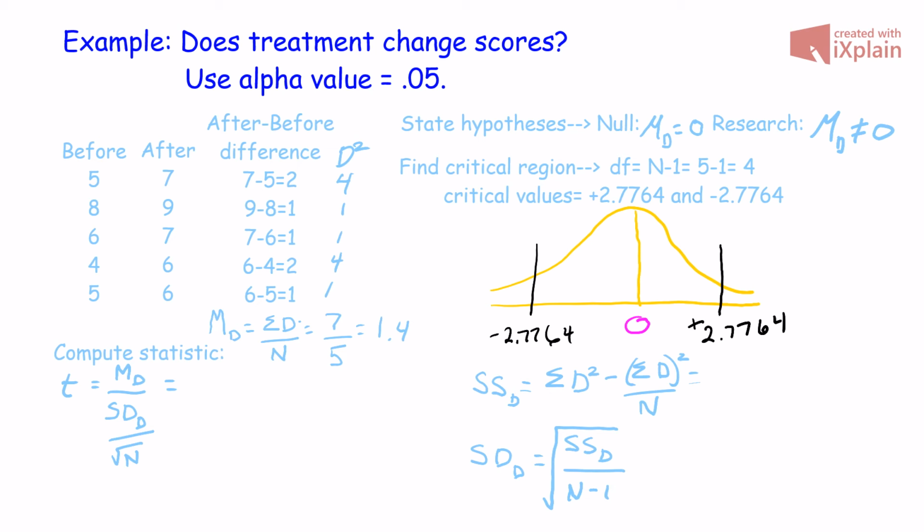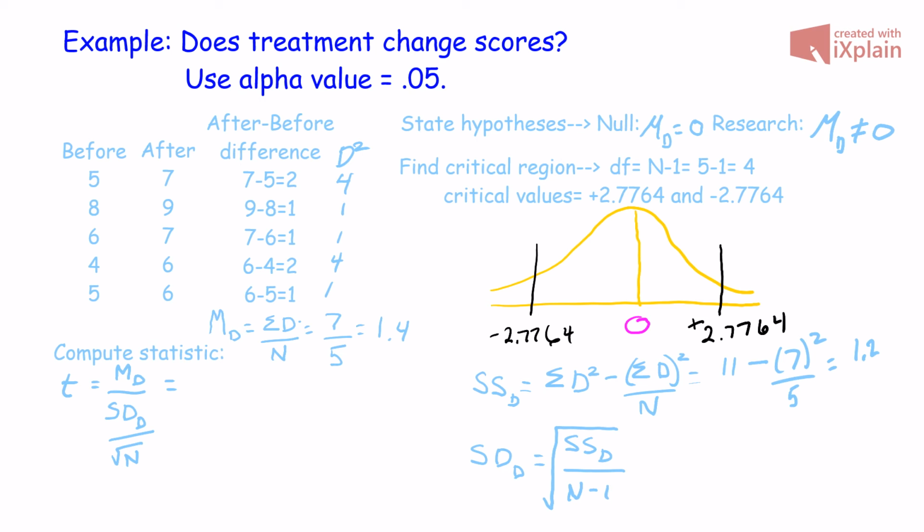So now we have what we need to sub into the sum of squares equation. 11 minus 7 squared divided by 5, which is 49 divided by 5. Then subtract that number from 11, and you'll get 1.2. That is the sum of squares of the difference scores.